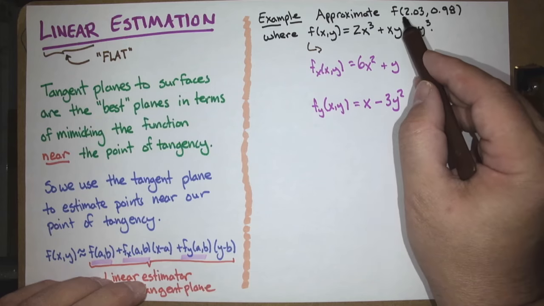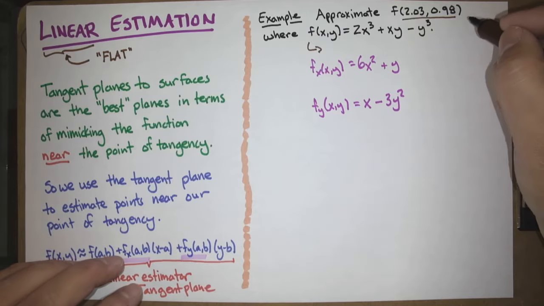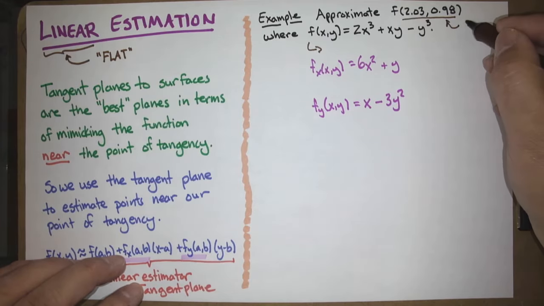Now, notice I don't want to plug in 2.03 and 0.98. So we started thinking, okay, is there something close to 2.03, 0.98 that would be nice to work with? 2 and 1, right? So we probably should have made a comment at the very beginning.